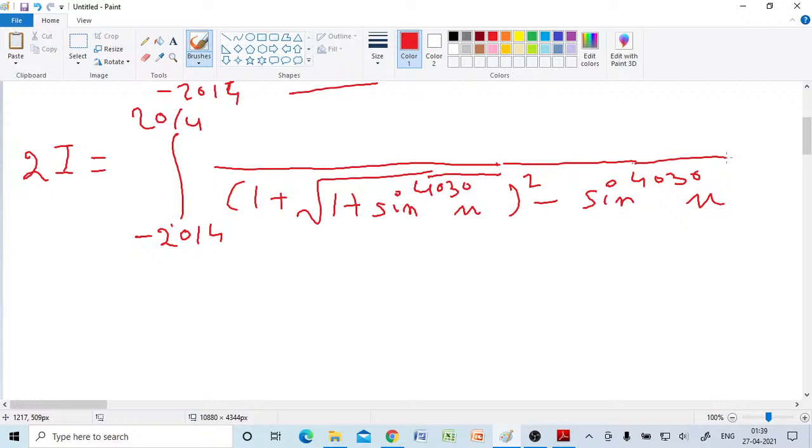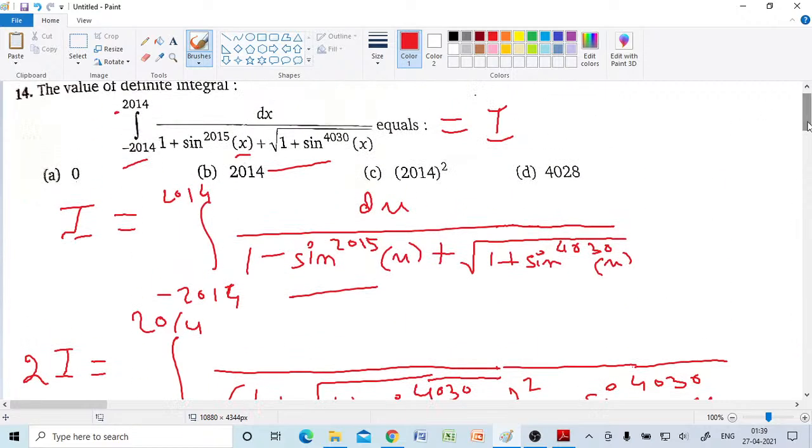Now what shall be in the numerator? In the numerator we'll have this thing plus this thing. If we add both the terms, we will see that sine of x to the power 2015 will basically get cancelled out, because the signs are opposite here. It is plus over here and minus over here.